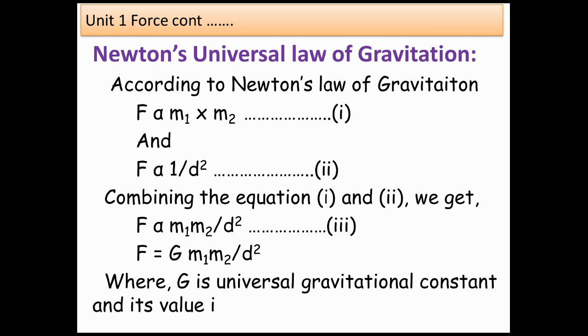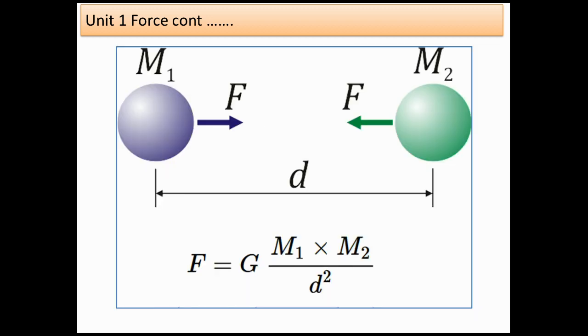It is a constant term, and its value is the same all over the world. Its value is 6.67 into 10 to the power minus 11 Newton meter square per kg square.